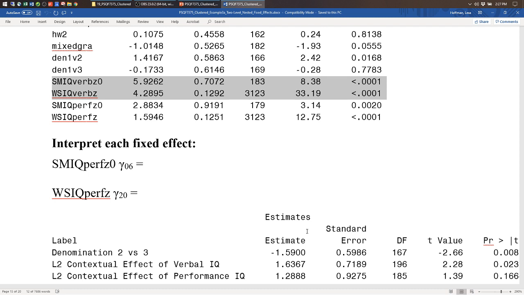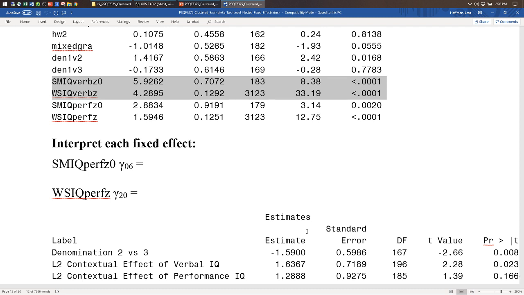Is there a problem that I have what looks like the same predictor in here twice? Let's tackle that. So we were just talking about how it varies for both levels. So is this the same predictor? Are these predictor variables related? They're not related at all.